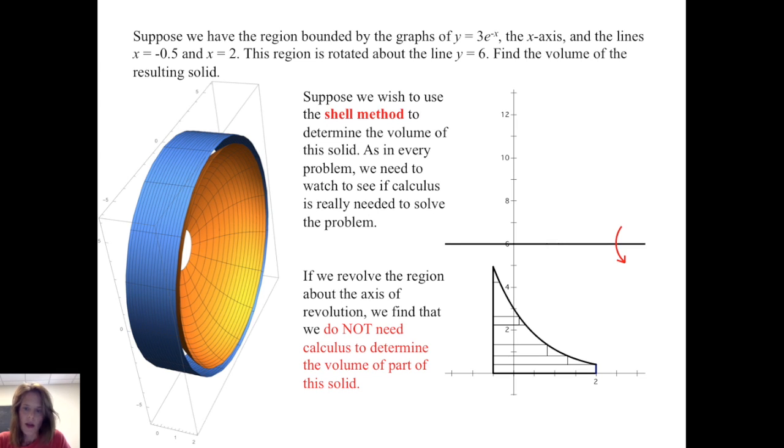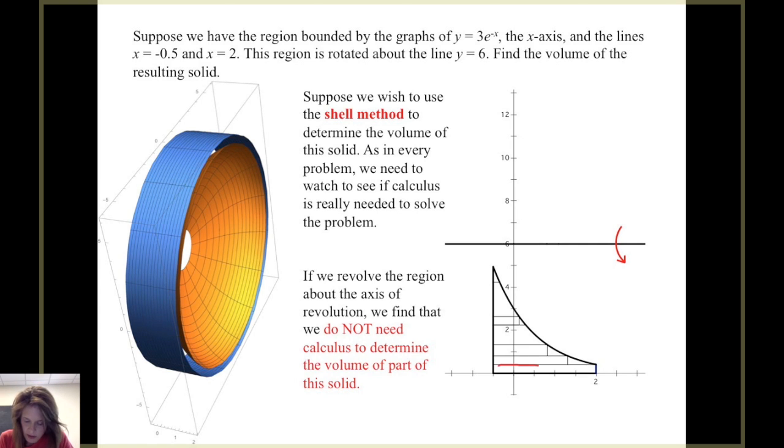If I, in line with using the shell method, draw rectangles that are parallel to the axis of revolution, I notice that this region right here, given by this rectangle, is different than the others, in that the right edge of this rectangle is entirely along the line x equals 2, whereas all the other rectangles have just a corner of the rectangle touching the function, so that makes it different than the other rectangles.